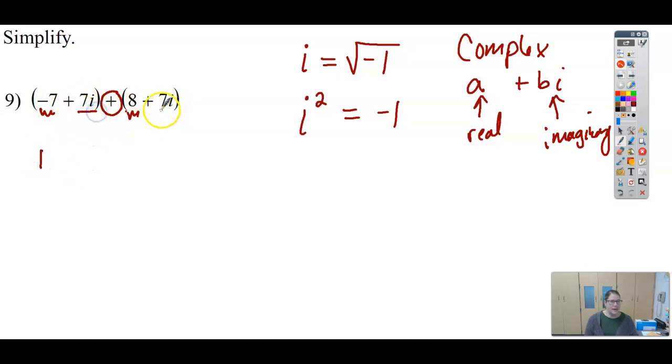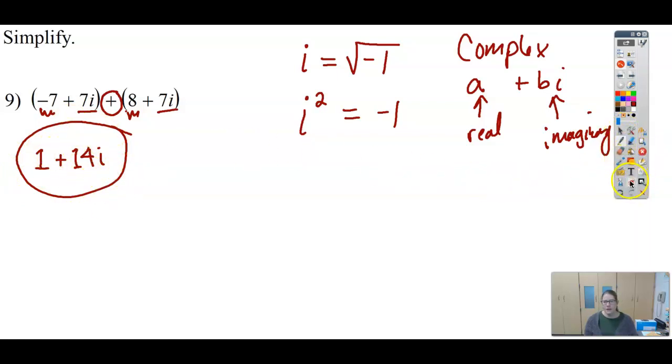And then I'm going to add 7i plus 7i, because those are like terms. So this would just equal 1 plus 14i. Now for a complex number, this is standard form. So the real part comes first, and the imaginary part comes second. So your answer should be in standard form.